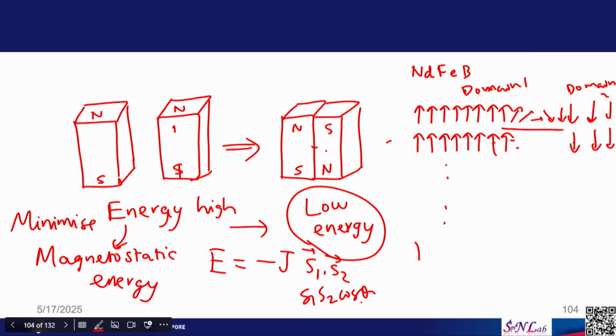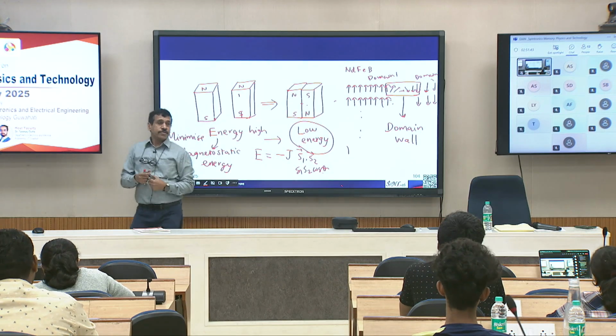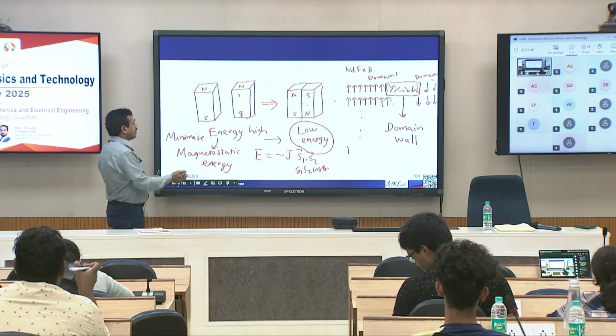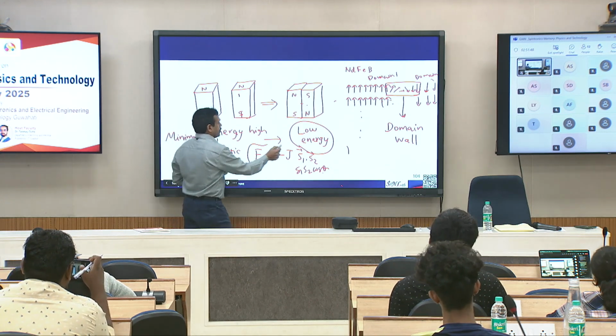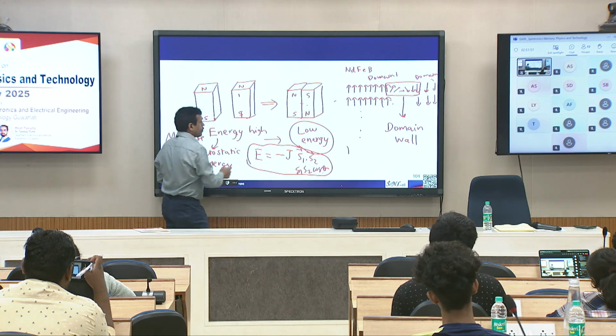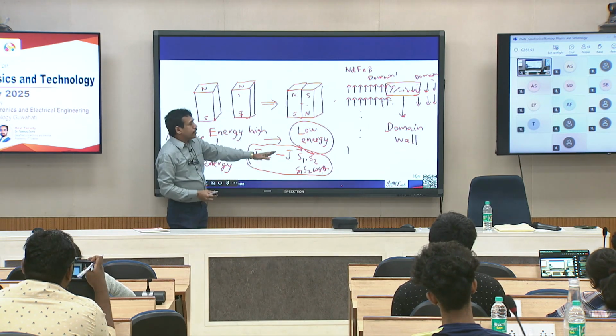So this boundary, or this region where this transition happens, is called a domain wall. So we have 2 domains and a domain wall in between, and the domain wall ensures that we do not violate this. We do not increase this energy drastically.